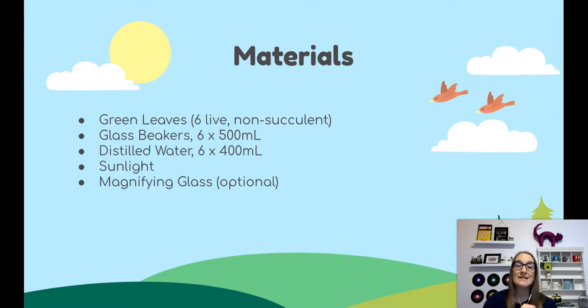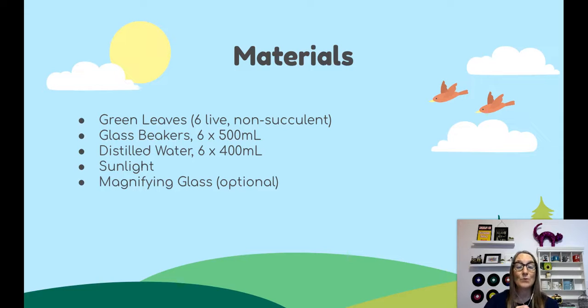We also need 6 glass beakers. They should be the same size or at least have the same gradation on the sides so that we can make sure that we're including the same amount of water in each. We will have 6 500 milliliter beakers available for us at Windsor Park School in the science room.